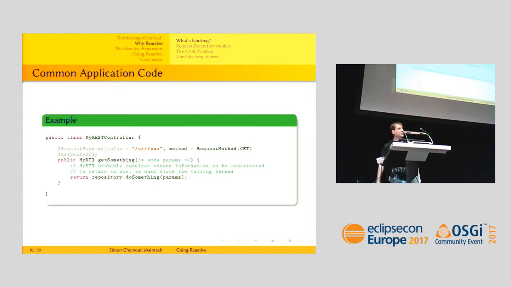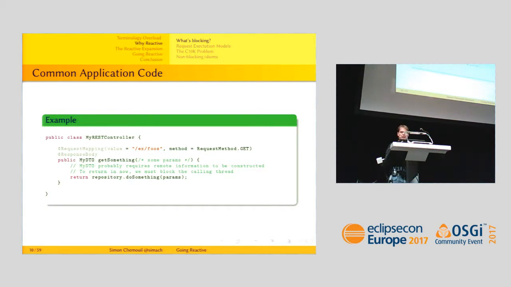This is the kind of code that we have when we write maybe a REST controller in Spring or in JAX-RS, or it can be code that exists wherever in our application code as well. And you're going to see that the method signature is what we're looking at.